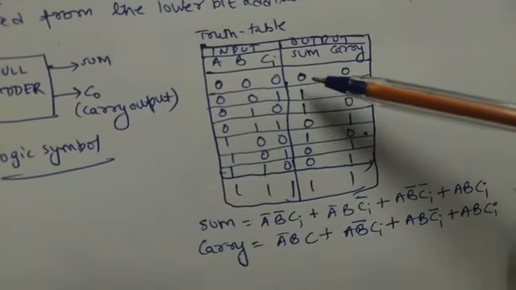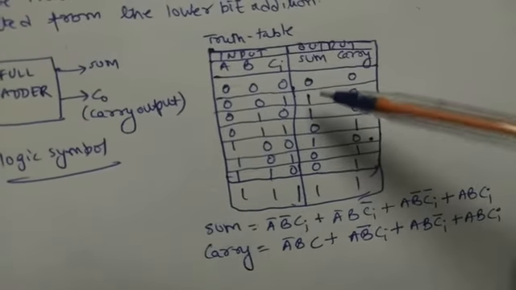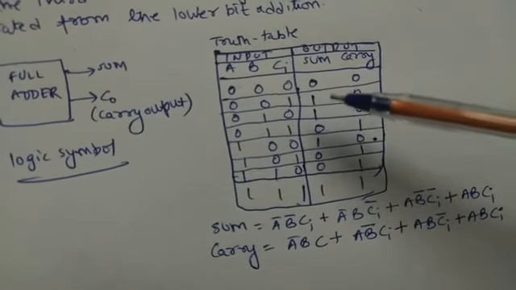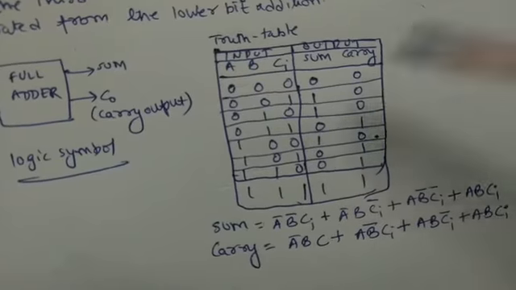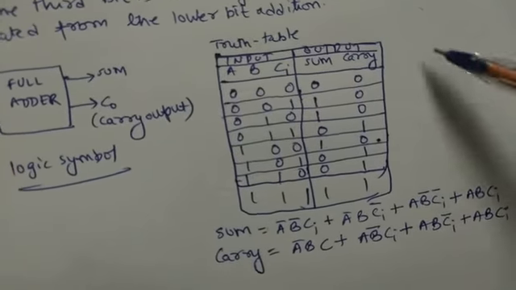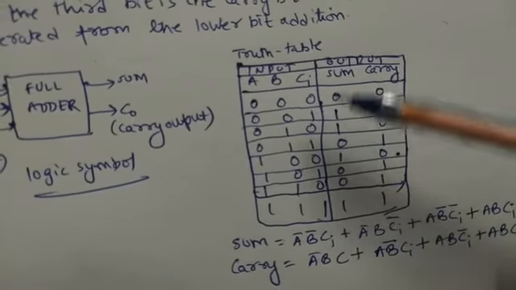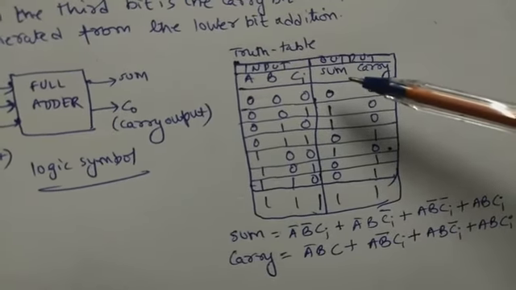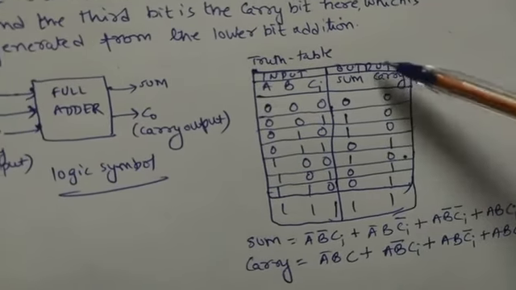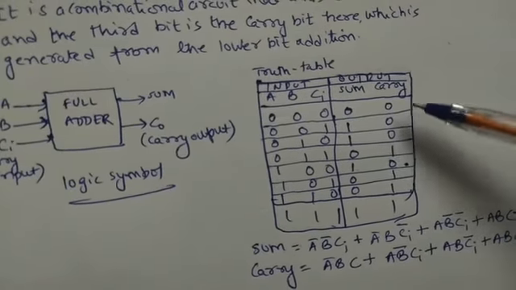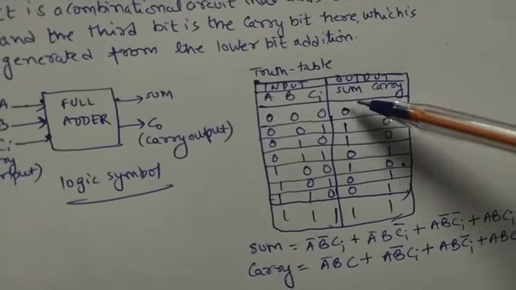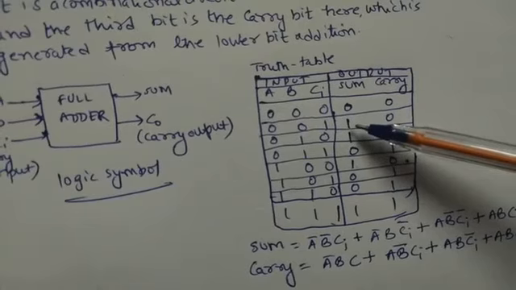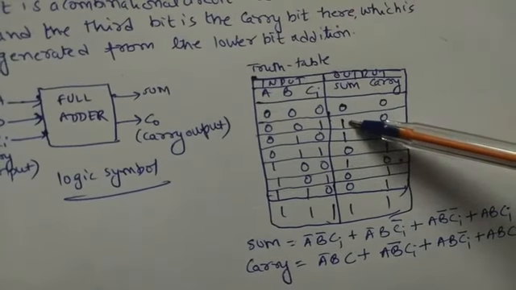If you see the output corresponding to the sum, what you have to do is write the terms, that is, looking at this column, the minterms corresponding to the sum output. If you recall the concept of maxterms and minterms, the minterms are those which correspond to the 1 output values.